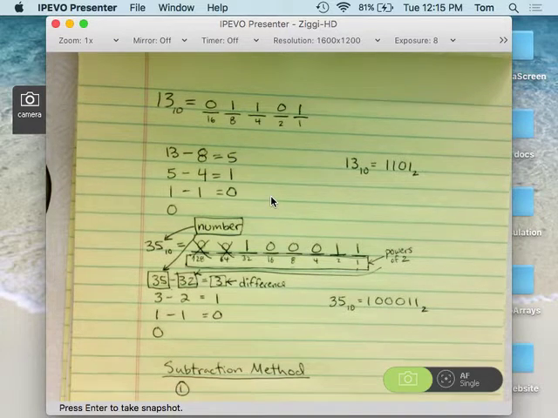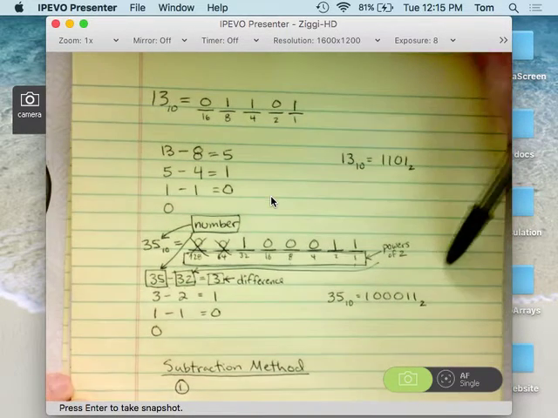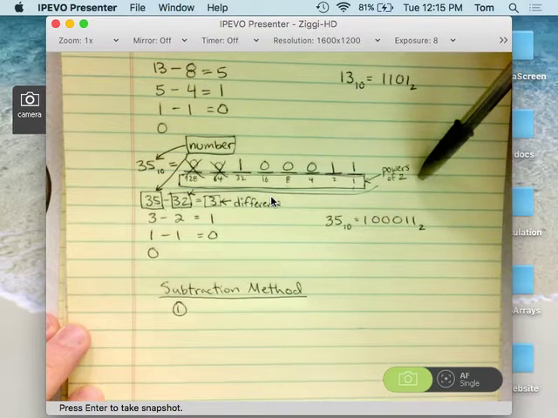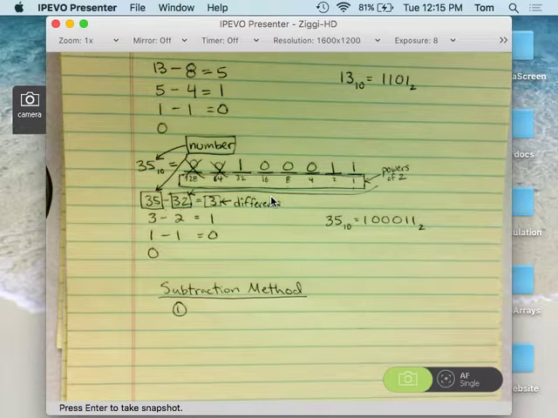Step 1 for the subtraction method: we're going to assume that we're given a number here. We're going to find the biggest power of 2 that is smaller than the number.